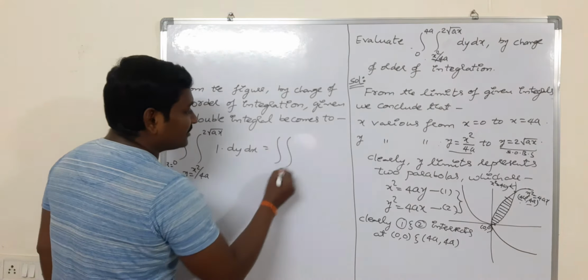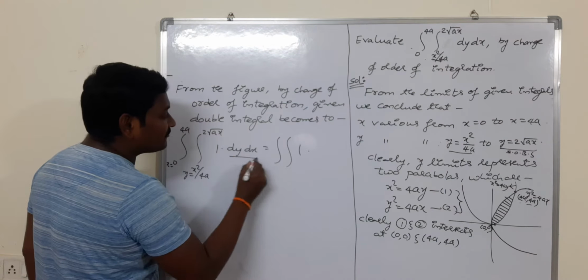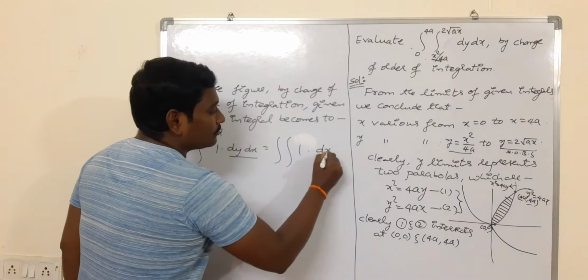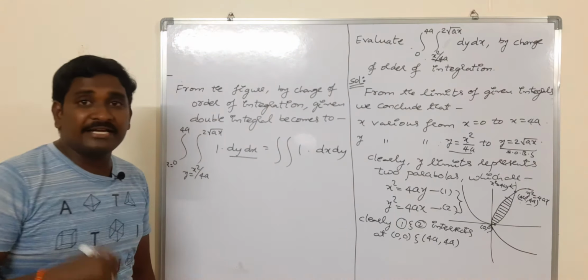Now change the order of integration here. 1 into, change the order of integration, originally the given order is dy dx, so by changing the order of integration you should get dx dy.